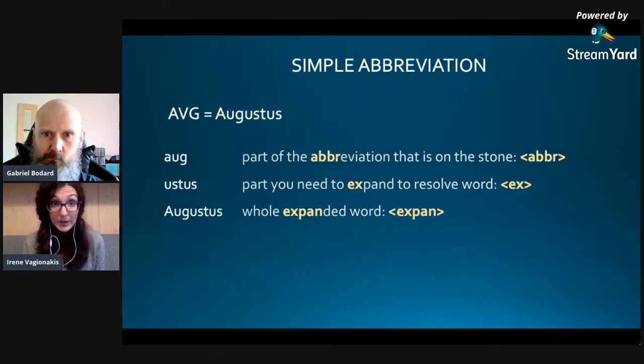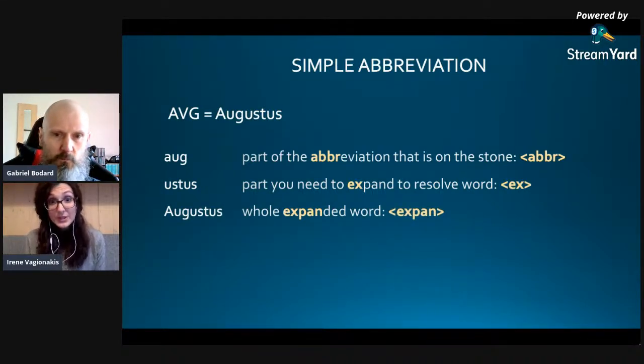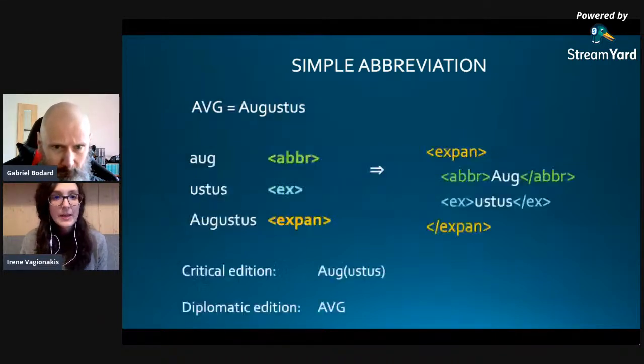We have AUG, which is the part of the abbreviation that is actually on the stone, and we encode this with the element abbr. And then we have ustus, which is the part that needs to be expanded in order to resolve the word, and we encode this with the element ex. And then we have Augustus, which is the entire expanded word, which we encode with the element expan.